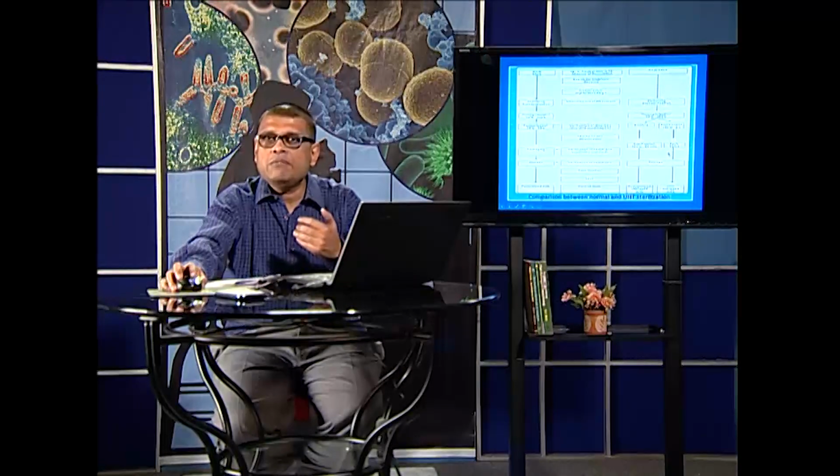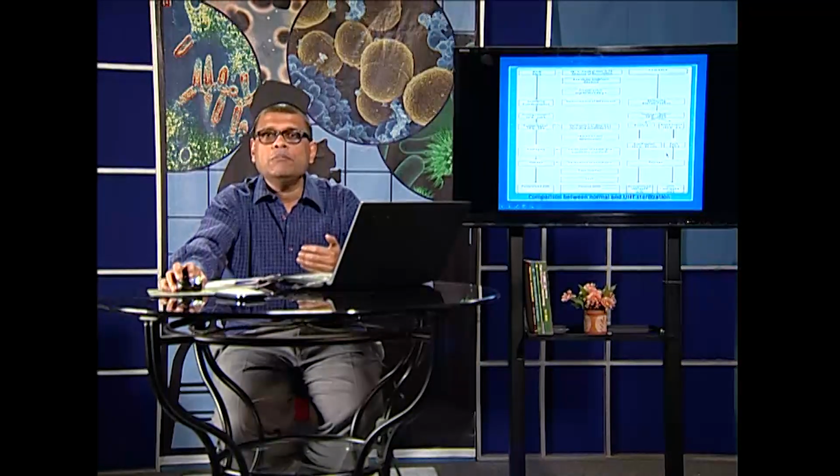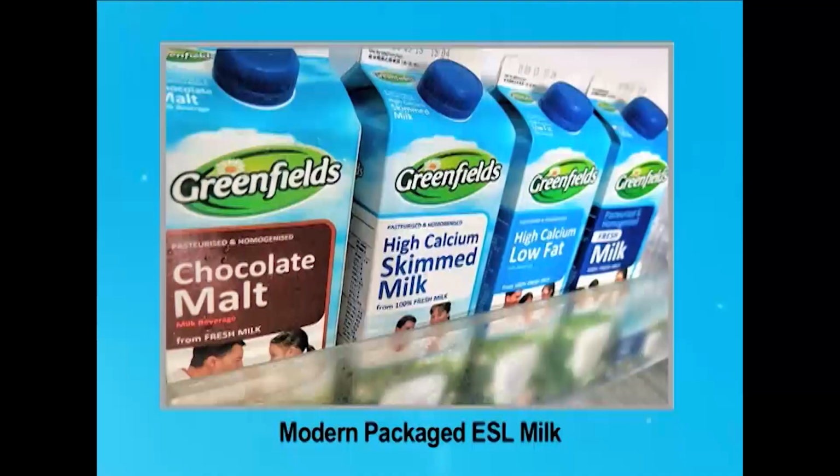But at the same time, it results in long-term preservation of the food, and we effectively get increased shelf life milk, which we call ESL, or enhanced shelf life milk, very common in the Western world, though in order to make the milk free of contaminants, some preservatives are added to this particular milk.